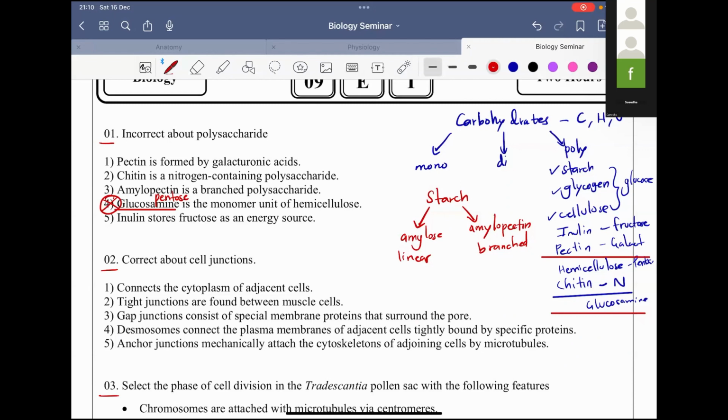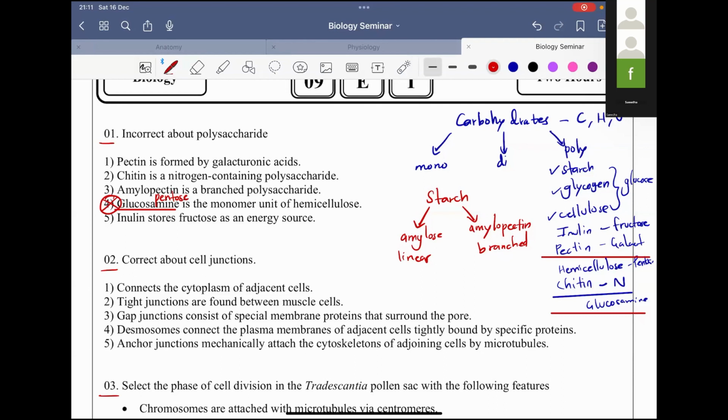Let's move to the next question. It is about cell junctions. What are cell junctions actually? They are the structures at which neighboring plasma membranes are joined, so they can interact and communicate via sites of direct physical contact. They connect the internal chemical environment of adjacent cells.